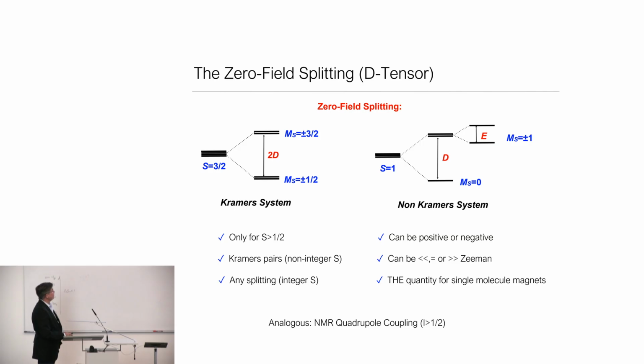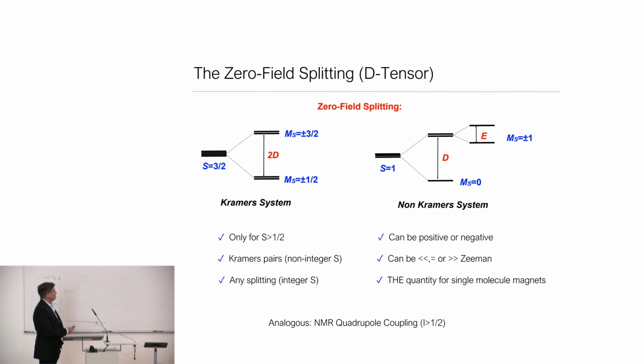And for non-Kramers systems, the situation is different, because then Kramers' theorem doesn't hold, and the zero field splitting can split the degeneracy completely. And it does so in two ways. One way is the axial zero field splitting, that in an S equals 1 system would split the three magnetic sublevels into the m_s = 0 and the m_s = ±1.